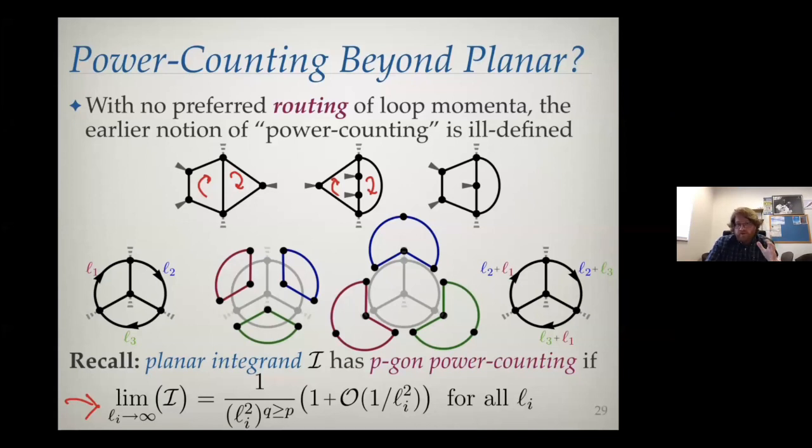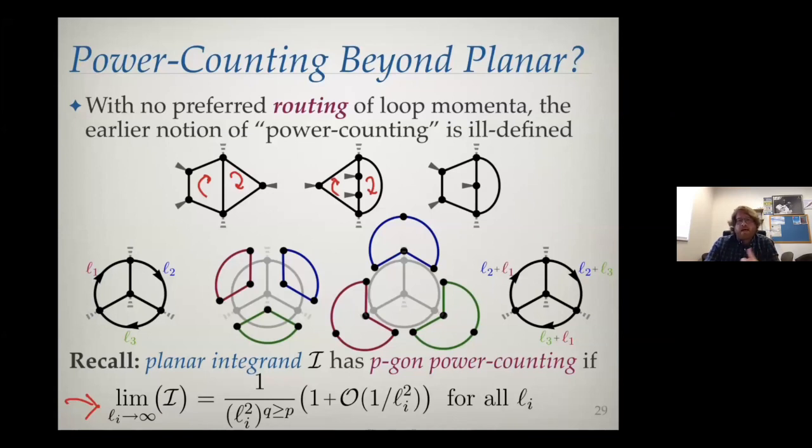So for the graph theorists in the audience, or if you know a little bit more graph theory, this routing of loop momenta corresponds to a choice of cycle basis. And if you go to high enough loop order, if you look at graphs with very high Betti numbers, the number of possible loop cycle bases grows extremely large. And something as simple as choosing a basis where the smallest cycles are involved is not specific enough.